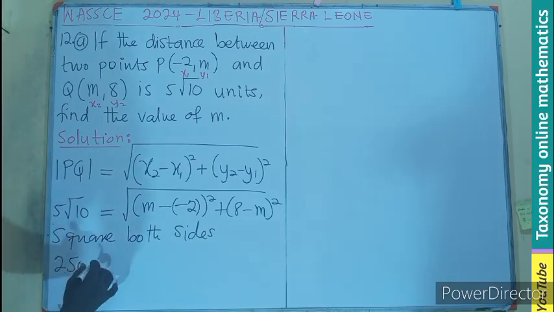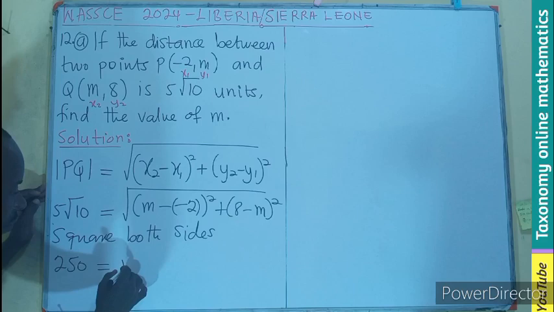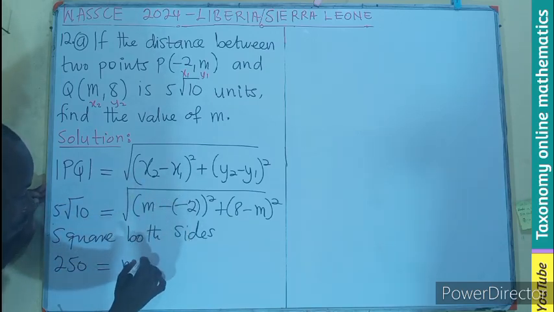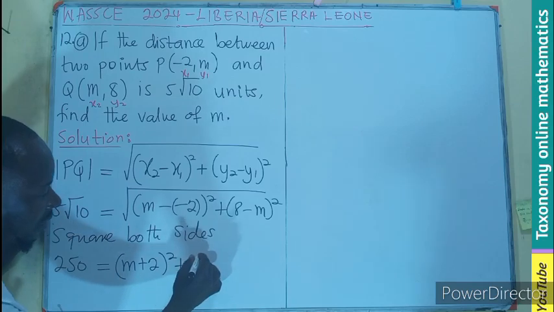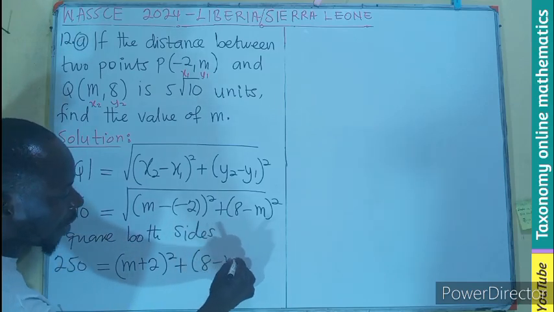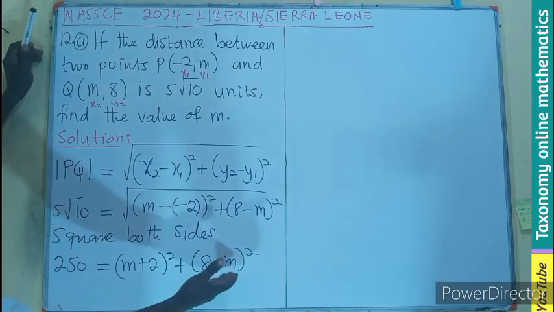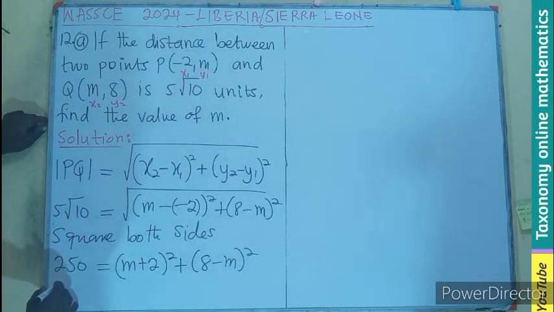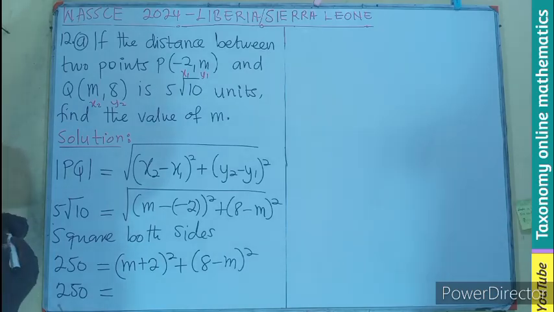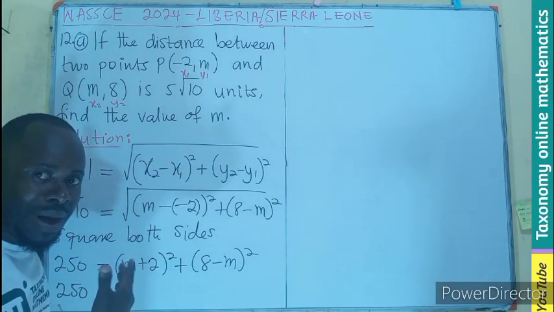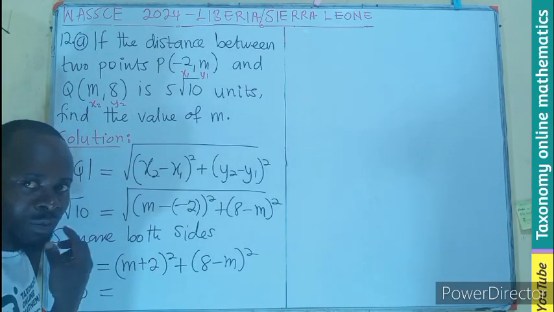So 250 will be equal to, we are left with m minus negative 2, that is m plus 2, all square, plus 8 minus m all square, in a linear form like this. So now we can expand the right hand side. Remember our expansions of binomials that we've done on algebraic expressions.